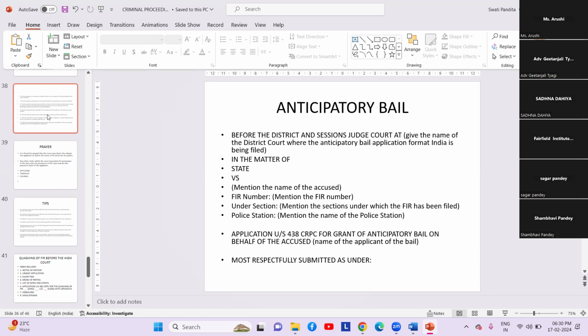While drafting a quashing petition, you have to be very particular. You have to write that this is the FIR which was lodged under this section in this police station, and also pray to the honorable court what happened between the parties.